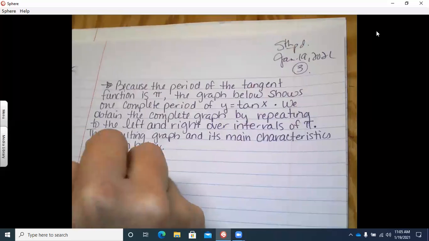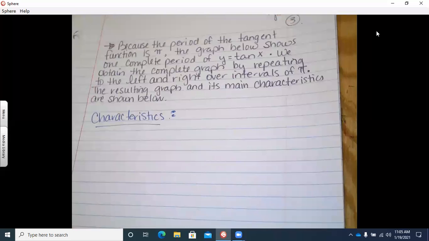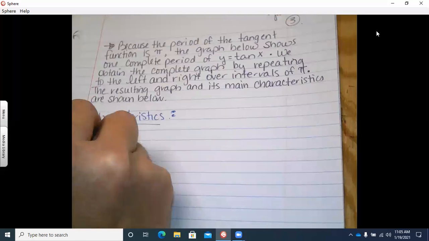All right, the characteristics. We already know the period for tangent is pi.